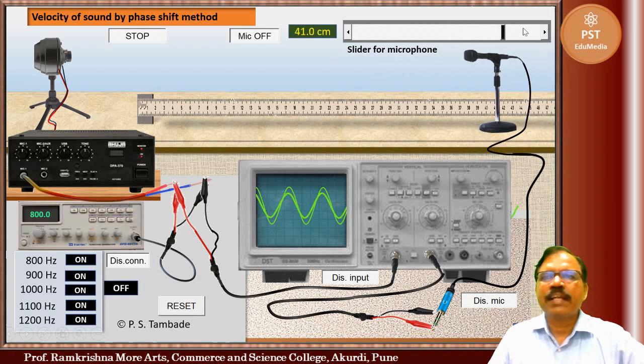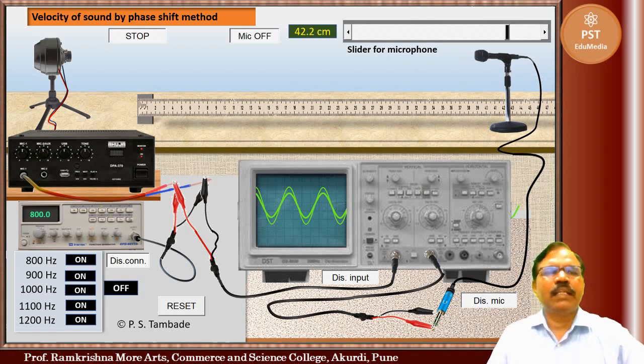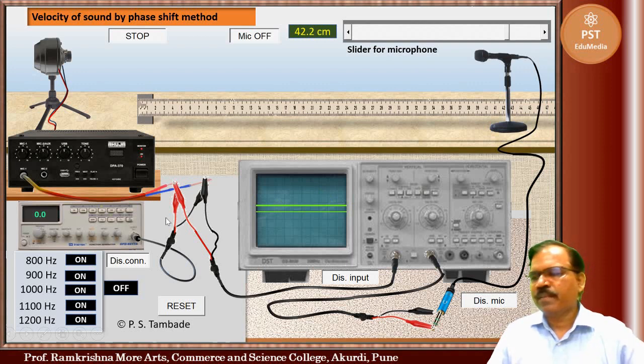Now make a fine adjustment using this, so peak will match with peak. So here it is 42.2 centimeter for 800 Hertz. Note down this reading, and turn it off.